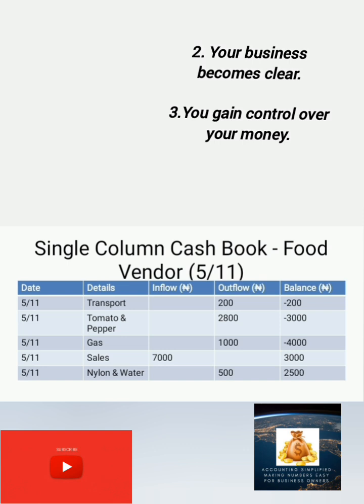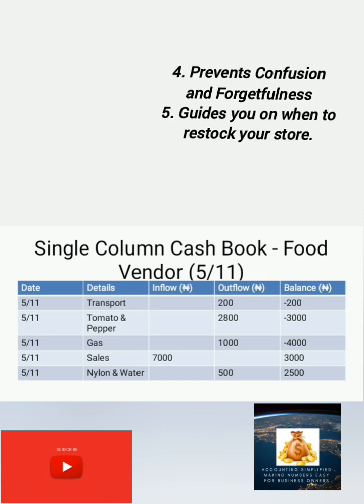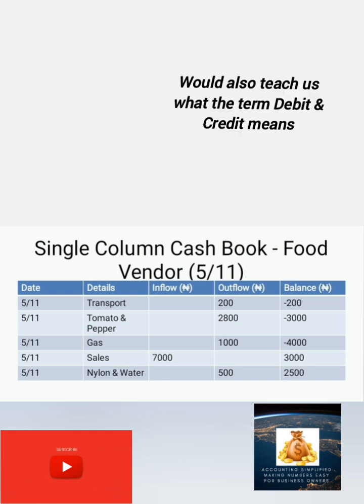So we've come to the end of this class. Kindly check out my next video where I'll be showing us how to determine the profit using your cash book. I would also be introducing some accounting terminologies, debit and credit.